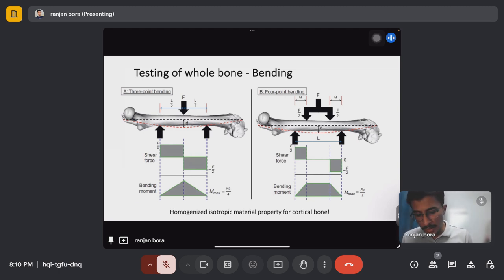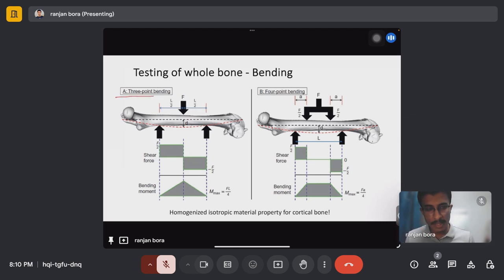Like you can see, figure A is the 3-point bending test, and figure B is the 4-point bending test. And you can see a force F is acting here, and it is simply supported at these 2 points. Because of this force F, the reaction forces will be F by 2 at these 2 points.